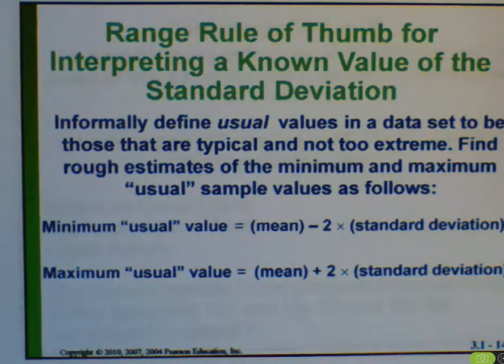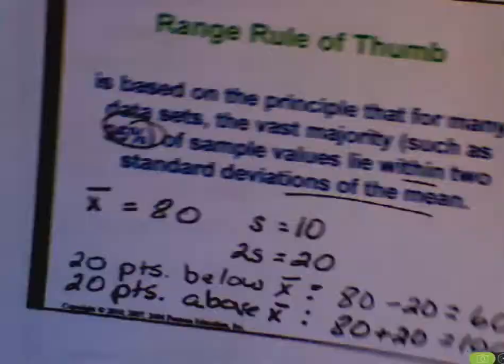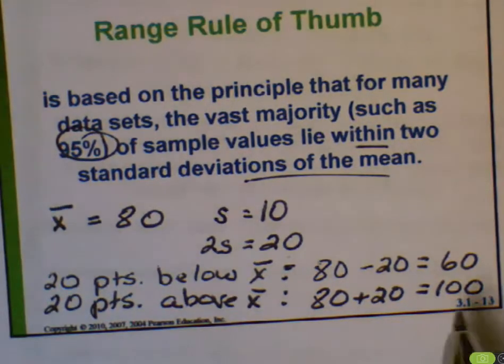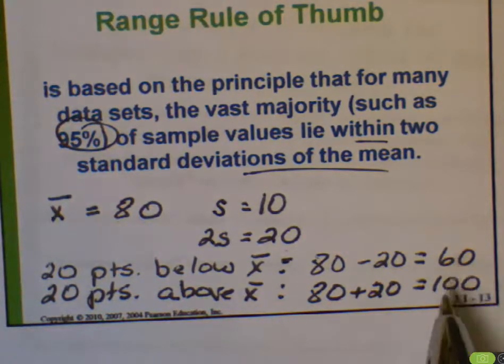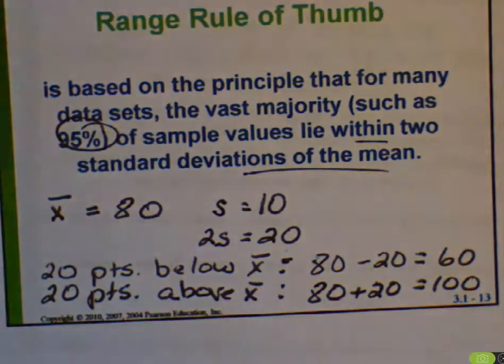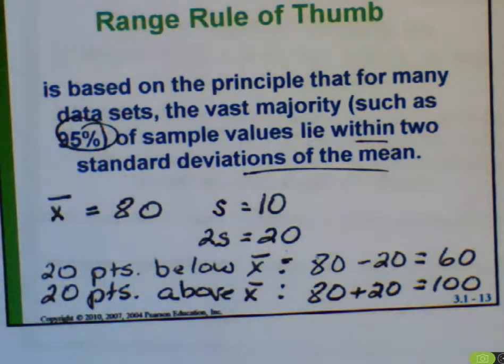If scores are within two standard deviations of the mean, such as in this previous example, if scores are between 60 and 100, they're going to be considered usual. Not shocking, not surprising. But if scores are outside the range of two standard deviations from the mean, then we're going to consider those scores unusual. We would say it's unusual for someone to have scored a 50 or a 40, but scores between 60 and 100 would be considered usual.